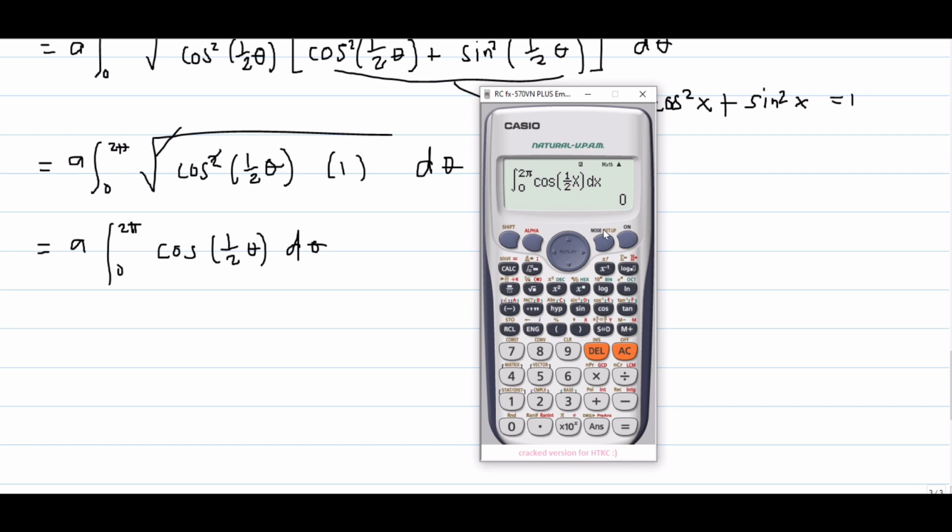Okay, so since we have the symmetry on this, then we try this, no? Okay, so by the way, 2 pi is equivalent to 360. So for that curve, for example, if circle are enclosed, no, that would be equals to 360.